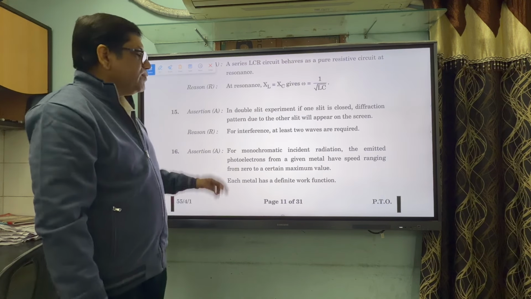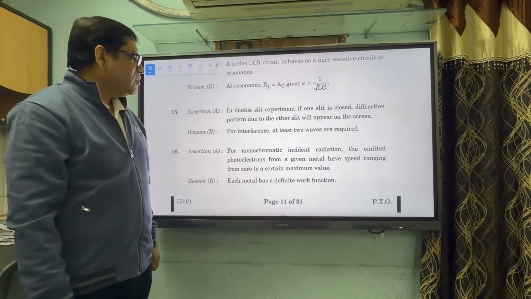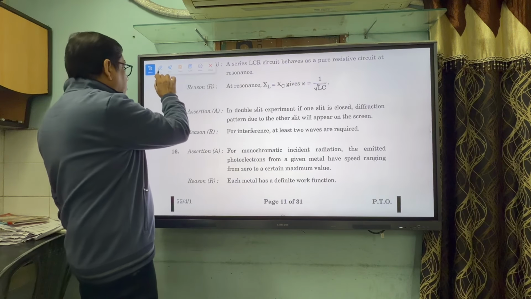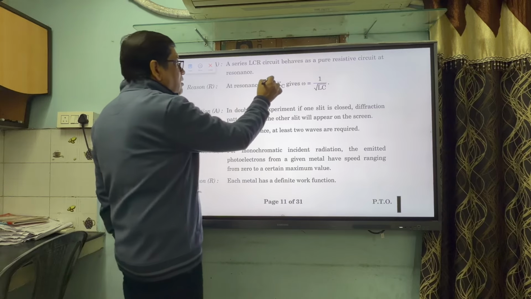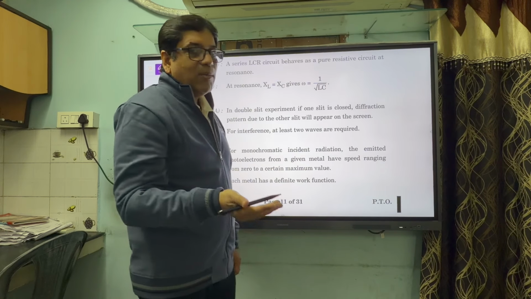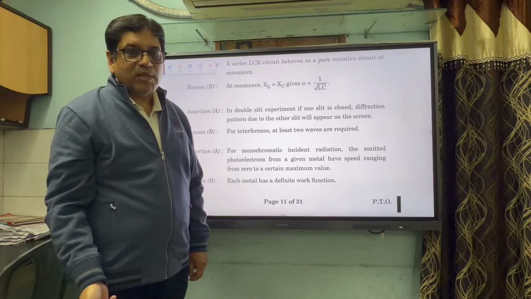Question number 15. In double slit experiment, if one slit is closed, diffraction pattern due to the other slit will appear on the screen. Obviously, correct. Because single slit gives diffraction, child, we have already studied it. In double slit you see Young's double slit experiment. In single slit always diffraction pattern, it is correct.